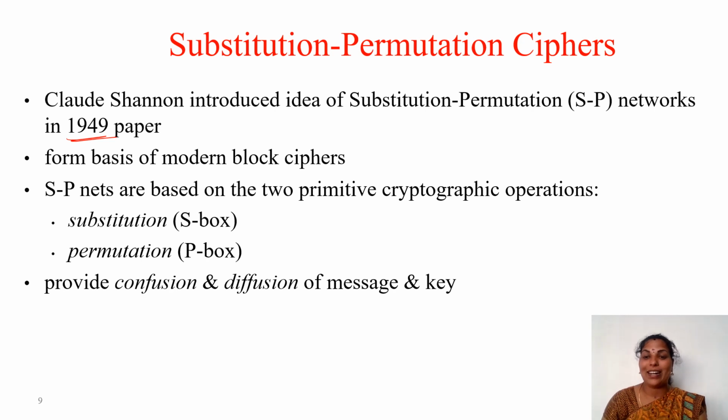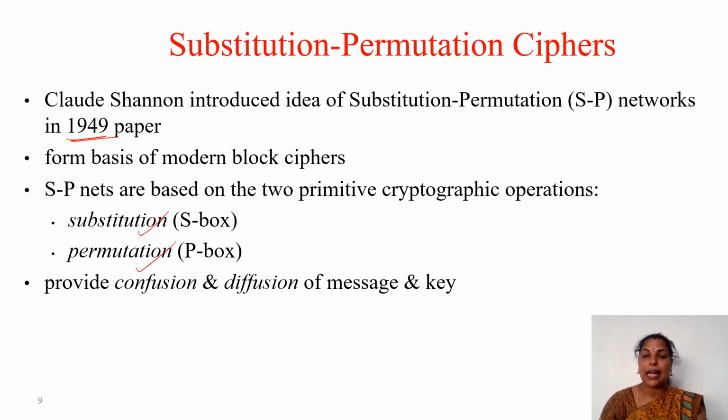See how old this concept is, but now also we are discussing it, because these are the foundation for all the crypto systems. This paper formed the basis of modern block ciphers. So we know classical cryptography, and some combination or hybridization of the classical we can use in modern cryptography. These substitution permutation networks are based on two primitive cryptographic operations, substitution and permutation.